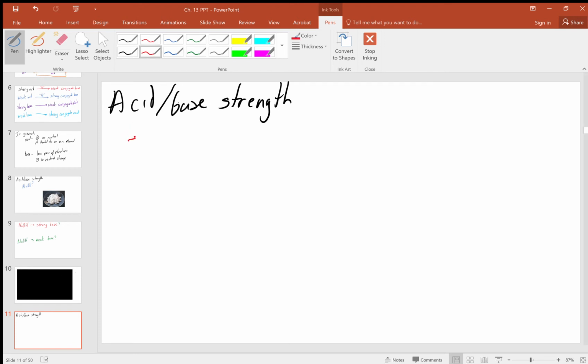And so we do that by looking at the degree of dissociation, which is what Arrhenius originally said to look at. The problem with Arrhenius is that Arrhenius defined a strong acid as one that completely dissociates. But if you think about what we learned in the equilibrium chapter, we know that nothing truly ever completely dissociates.